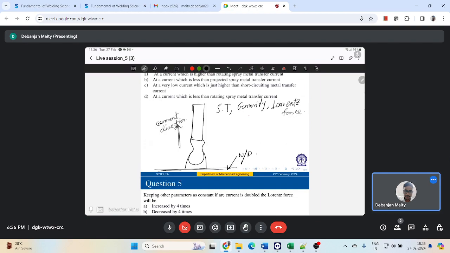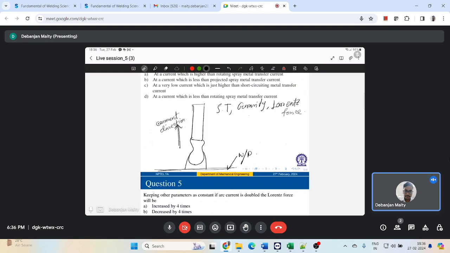I told you that the force of gravity may be a retaining or a detaching force, depending on whether your electrode is positioned upward or downward. Now, surface tension will always tend to retain the liquid drop at the tip of the electrode. This force depends on the radius of the electrode, the capillary constant, and the density of the liquid metal.